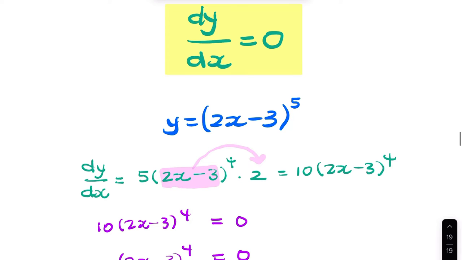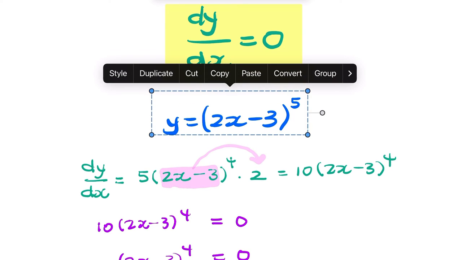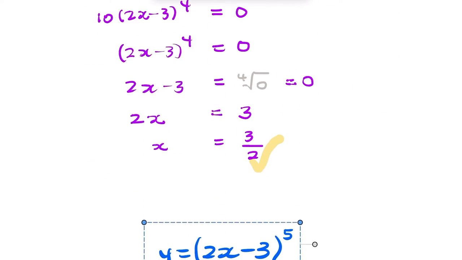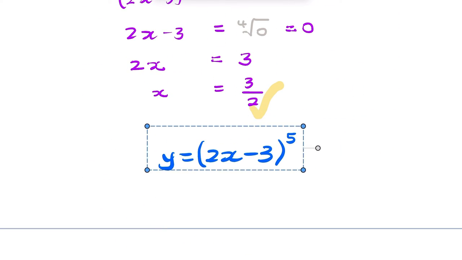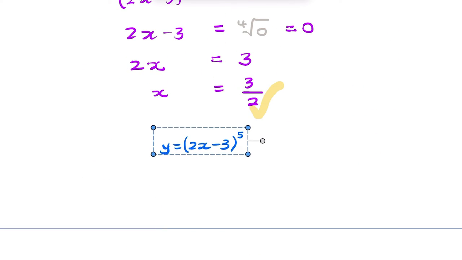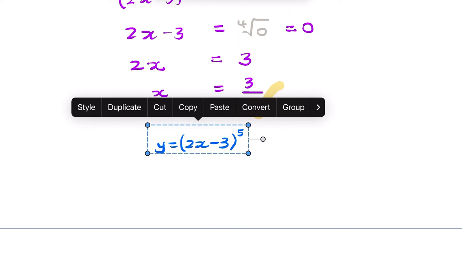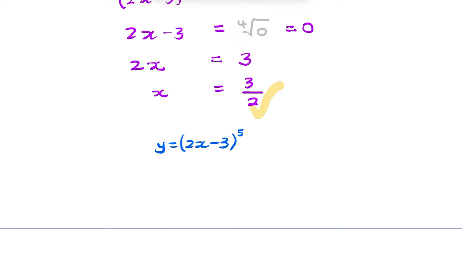So because we know the expression for y, we can simply say, well, because we know what y is in terms of x, we can say y equals, and then just substitute the value that we found. So it's 2 multiplied by 3 over 2 minus 3, to the power 5.